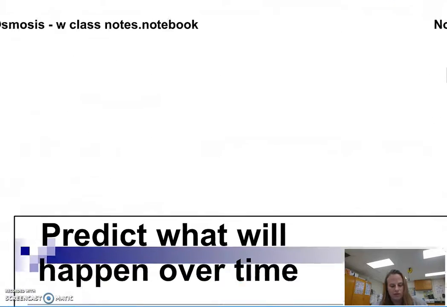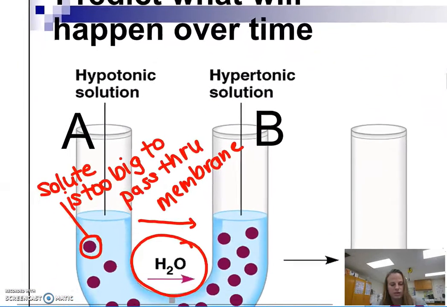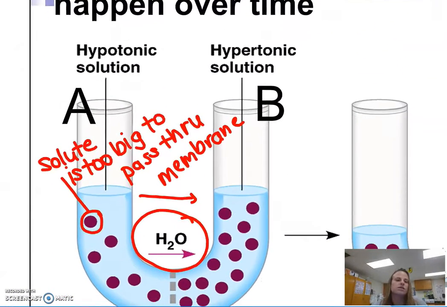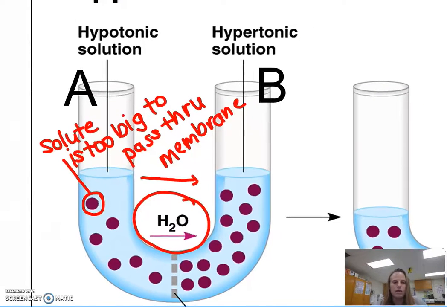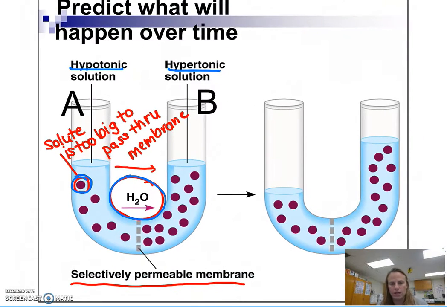Continuing on, if I were to predict what's going to happen over time with this U-tube, what would I predict? Well, first of all, I'm going to make note that my water is going to move from a hypotonic to a hypertonic solution. And I also want to make note that my solute is too big, so I just want to concentrate on the water. And would you take a look at what would happen over time?